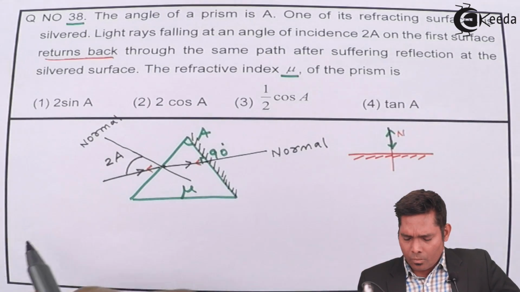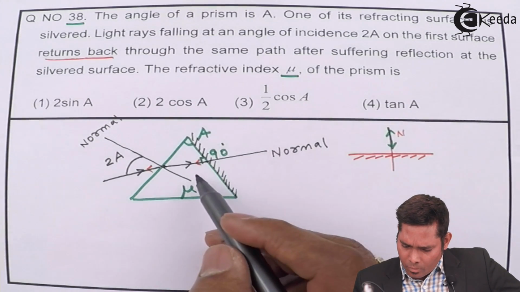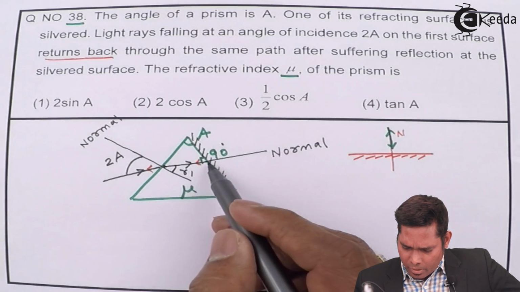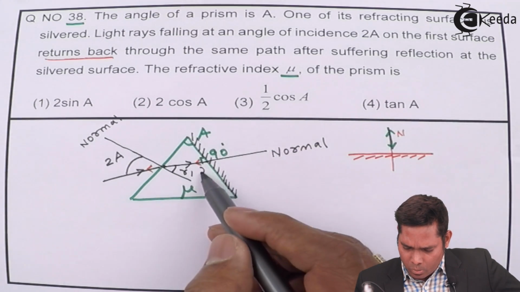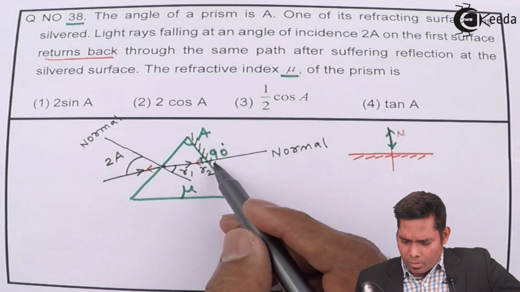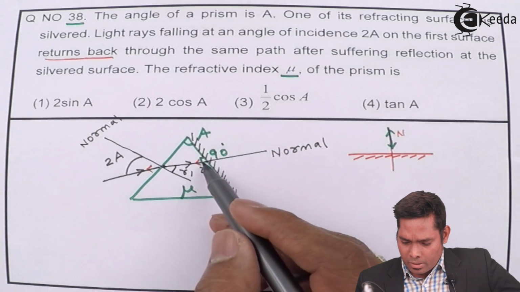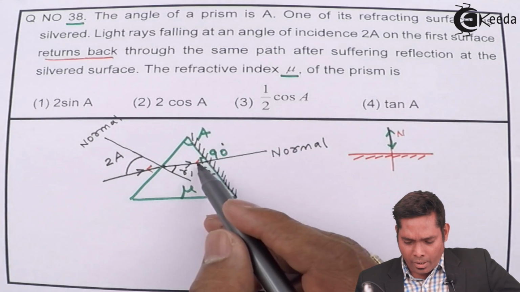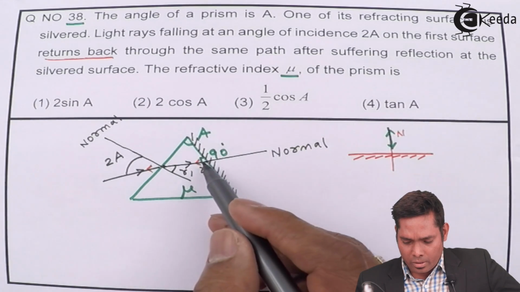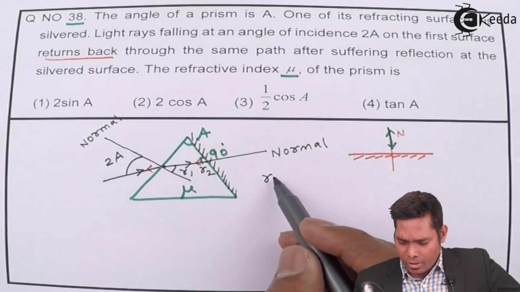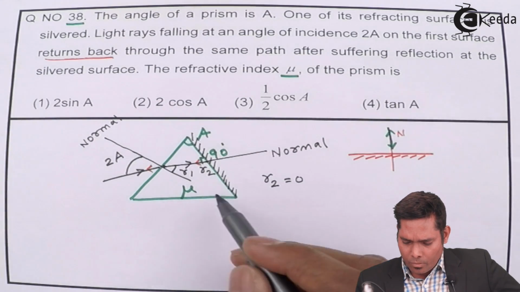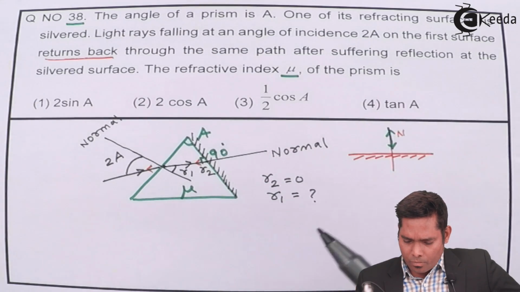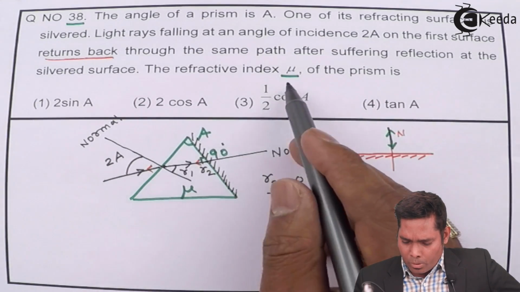This angle is R1, and this angle was supposed to be R2, but here the R2 is 0. The reflected ray and normal make no angle, so it is 0. So one thing is that R2 is 0, and R1 we have to find out, and you have to find mu.